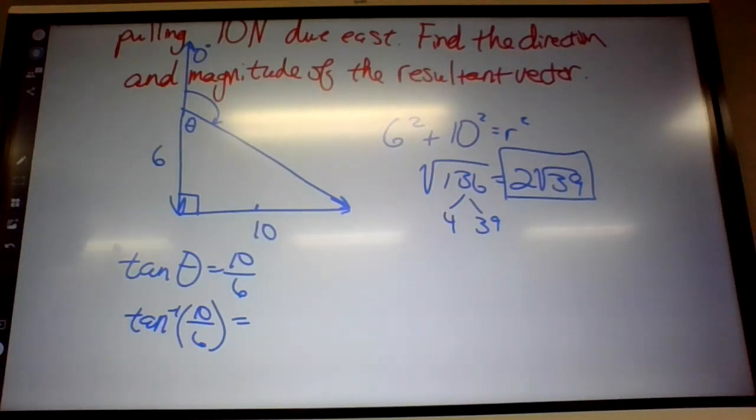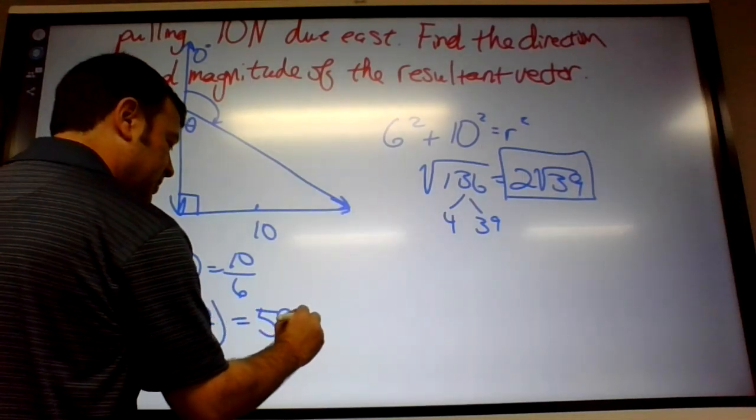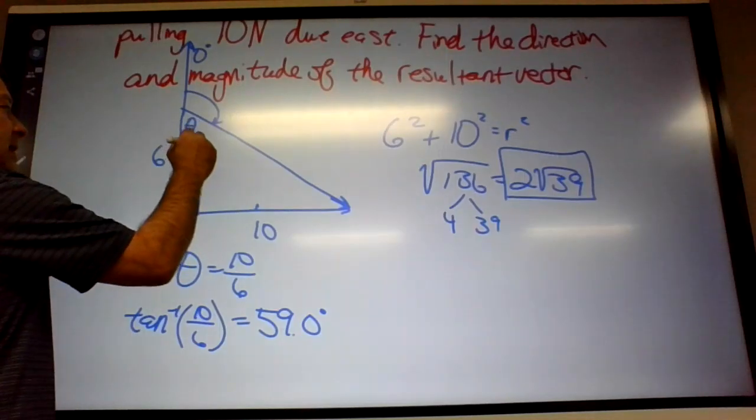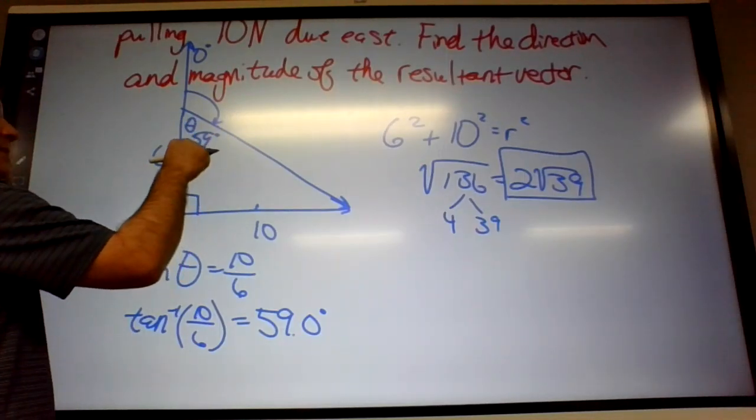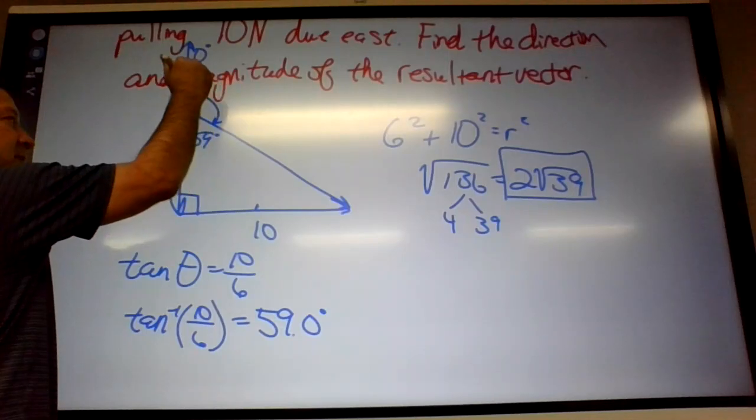Anyone plug that in? Hopefully. 59 point something, probably about 59.0. Okay, so is that the answer? No. This is the answer. These two together should add up to 180, right?